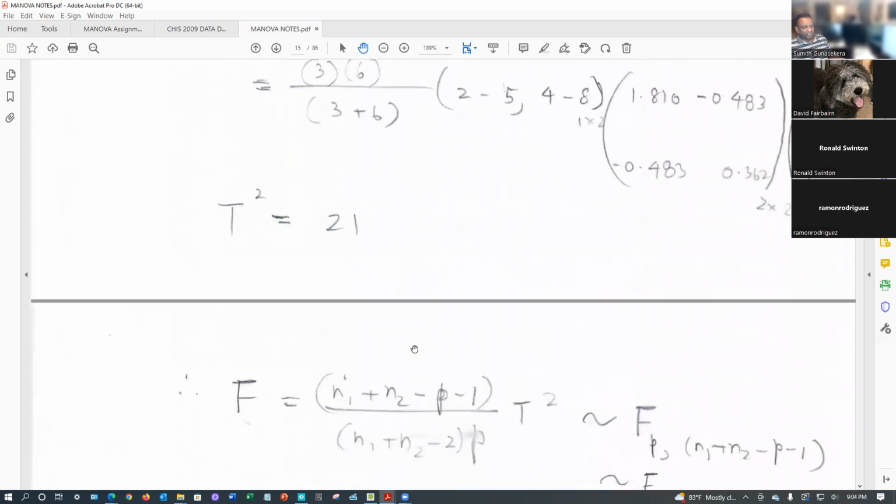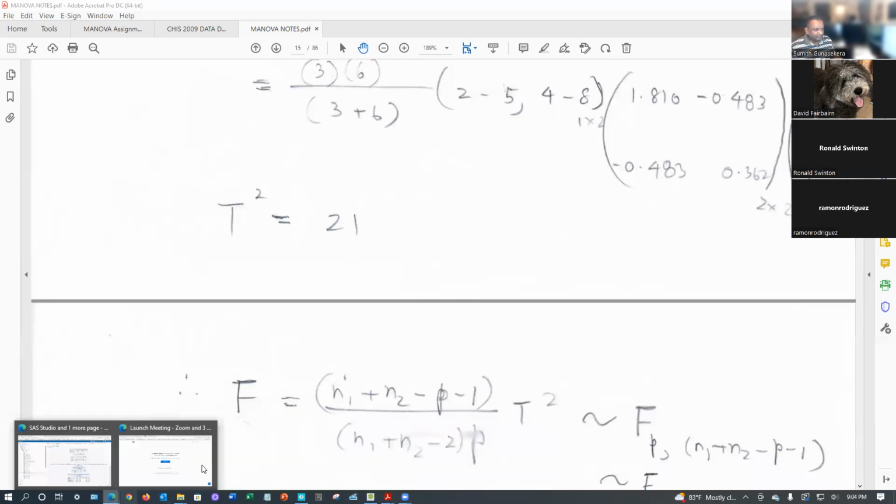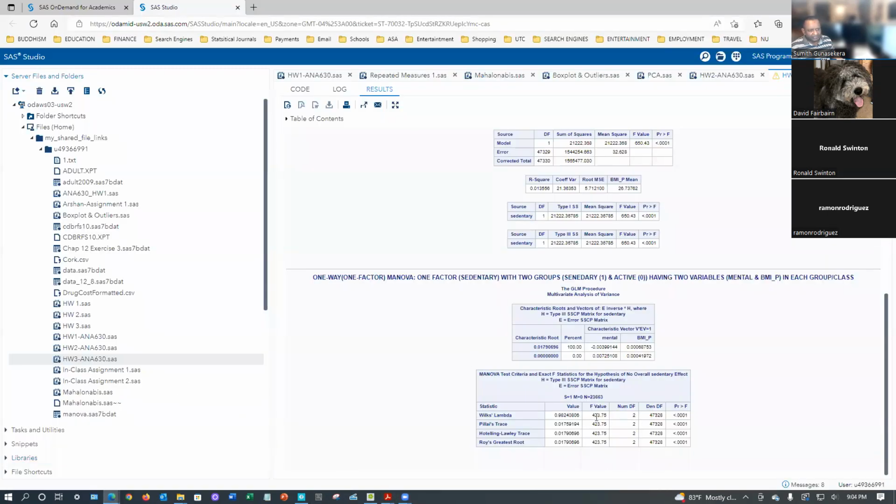For that homework, don't do this part. I don't need it. You simply have to answer these 3 questions, write up, attach that SAS printout, and send it to me. That's it. Okay. So when we go back to this one again, see this number.